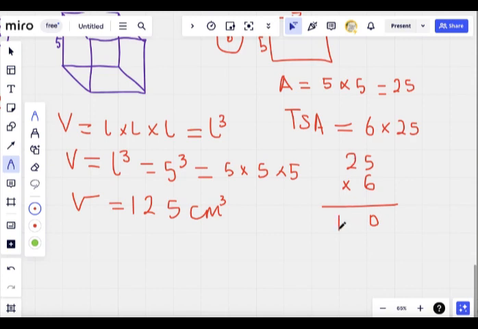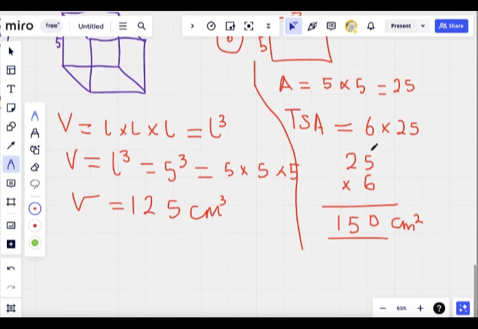So we get 150. So the total surface area of this cube is 150. You can write 150 centimeter cube. So, centimeter square, because we're talking about area. So the total surface area is 150 centimeters square.